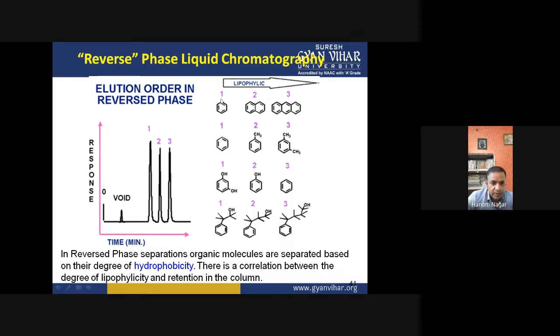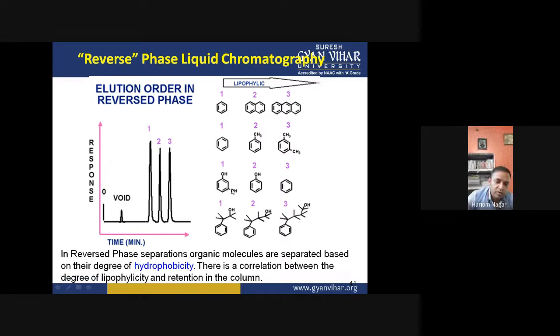It has poor interaction with the stationary phase. The less polar component has stronger interaction with the stationary phase and elutes later from the column. This is the same category: benzene is more polar than toluene, which is more polar than xylene. So benzene will elute faster.